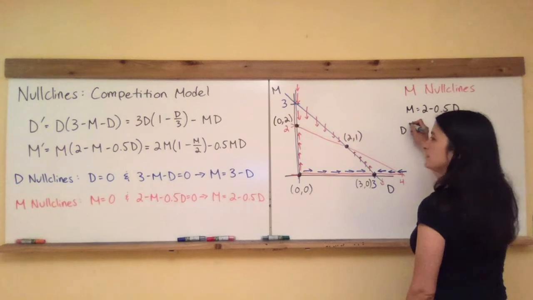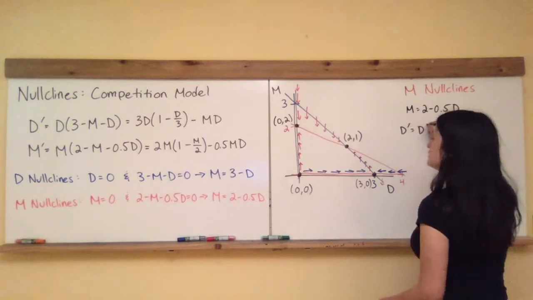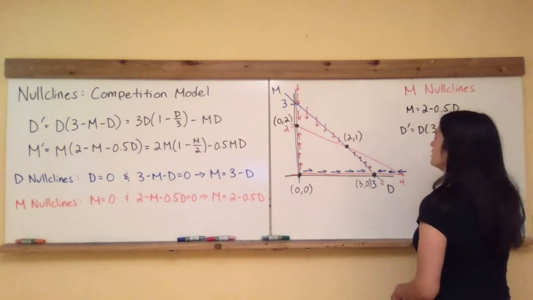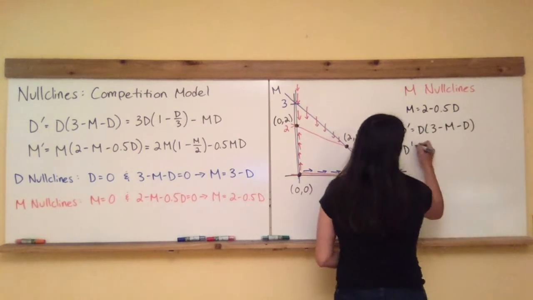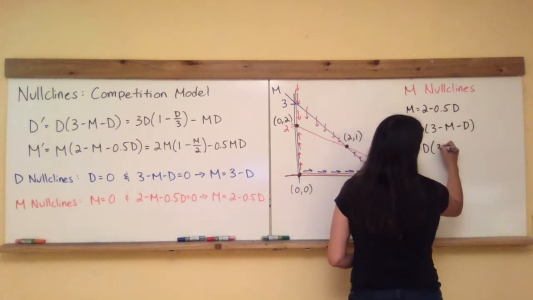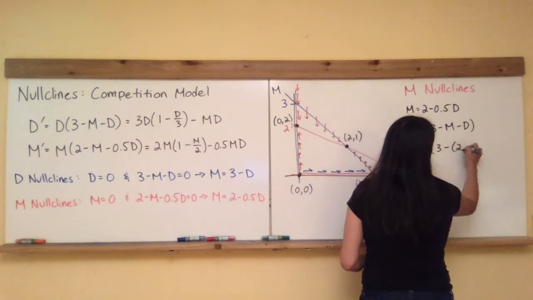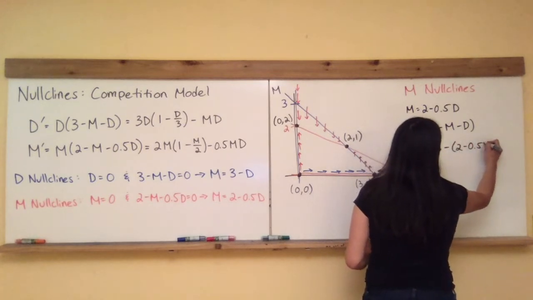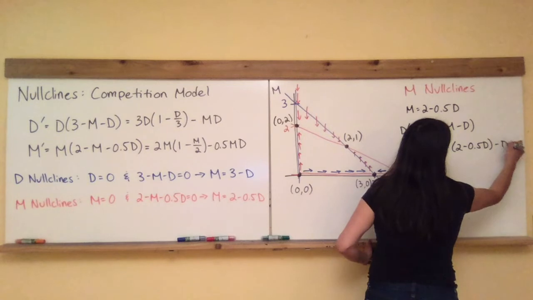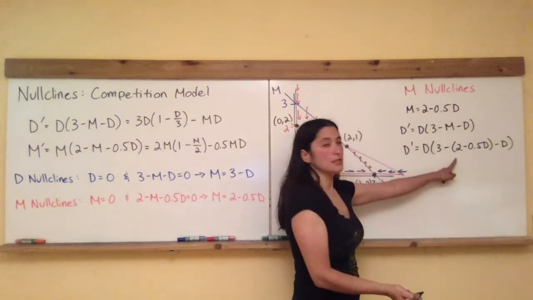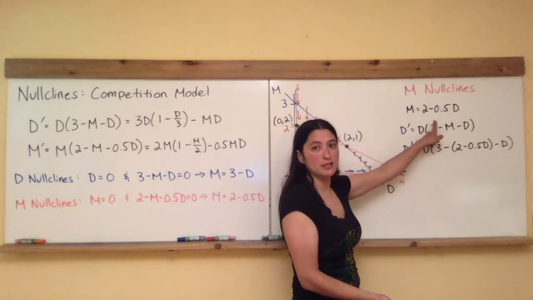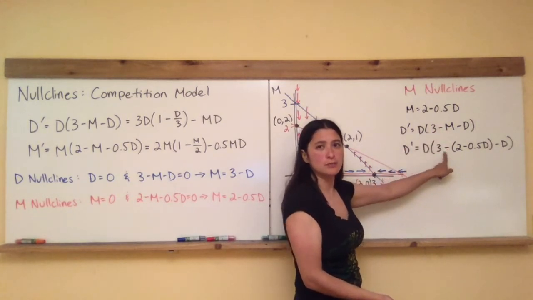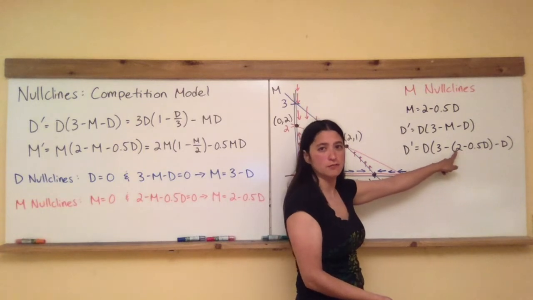And I'm going to copy down the D prime equation, which is D times 3 minus M minus D. And everywhere I see an M in this equation, I'm going to replace it, don't forget the parentheses, with the statement of the nullcline. When you're replacing the M with the corresponding statement of the nullcline, make sure you put in parentheses because then you're going to have to factor through the negative sign.